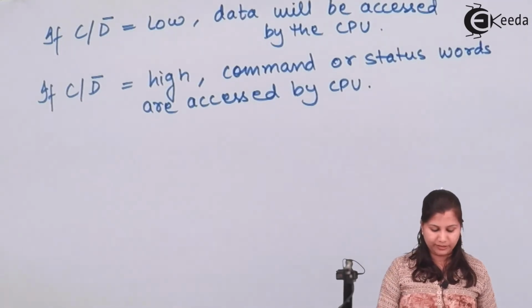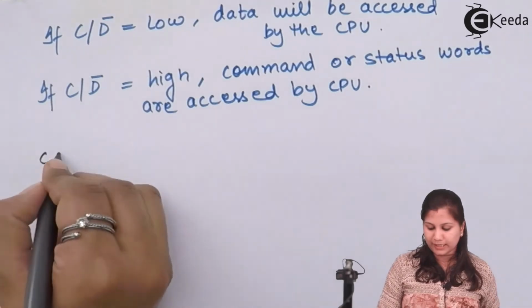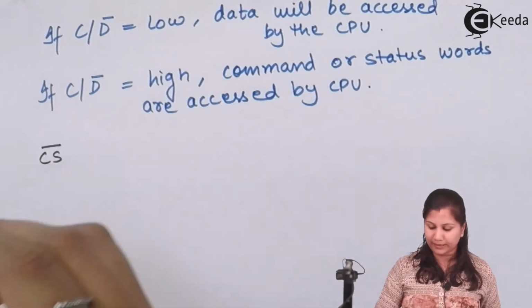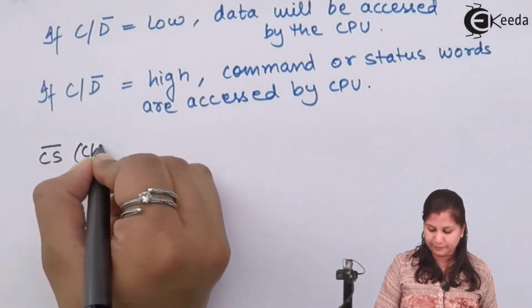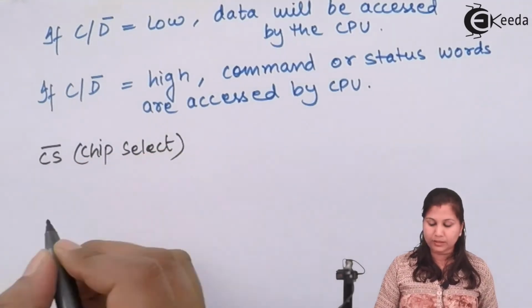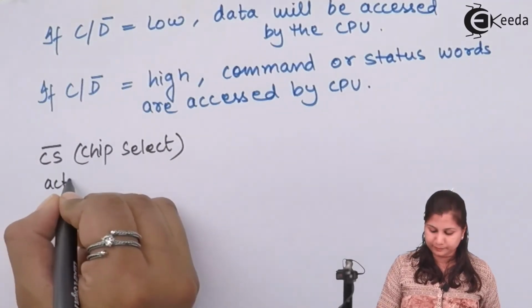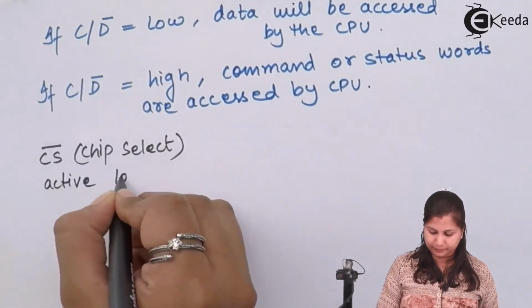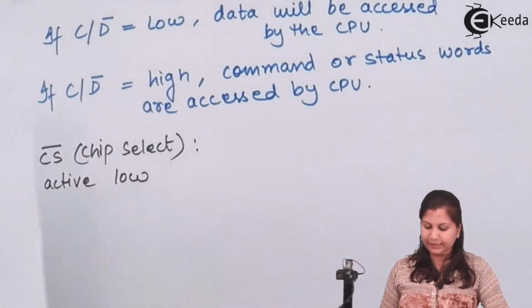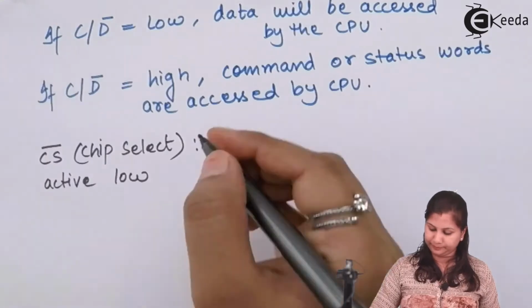The next terminal we have is the CS bar, that is chip select. This signal is also an active low signal, and it is available at pin number 11.